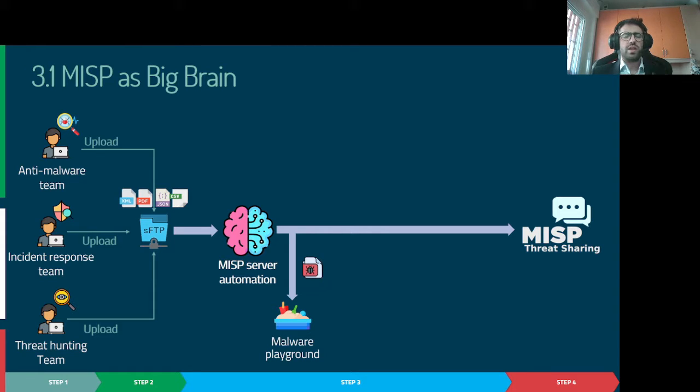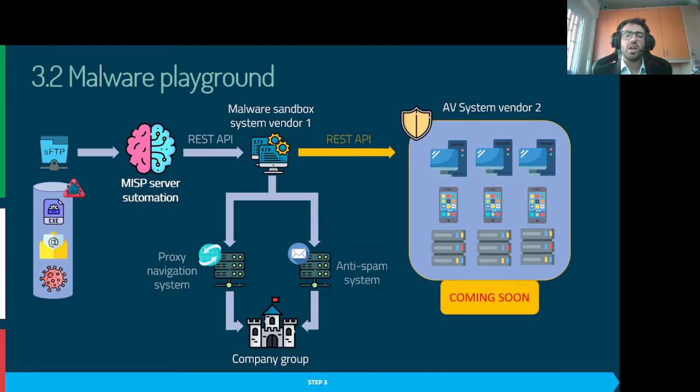What is now this colorful brain? It's a series of bash, Python, and cron scripts, and a bit of luck. Automation scripts take care of extracting malware samples previously uploaded by the teams from the SFTP server. After this, the big brain starts sending the samples to the various boxes present in the various companies.